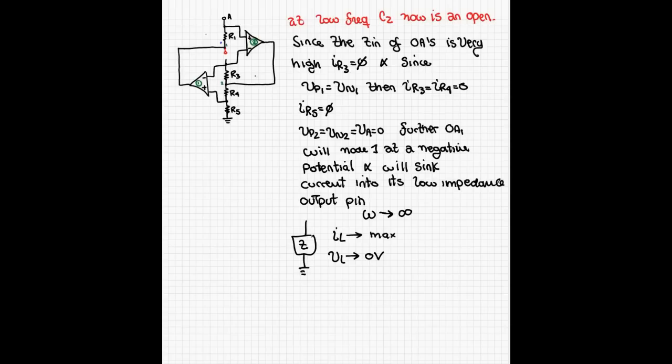So this is also consistent with an inductor at high frequencies. With an inductor at low frequencies, the current is just going to be a wire, correct? So the current is going to be max, and there's not going to be any drop across its terminals.